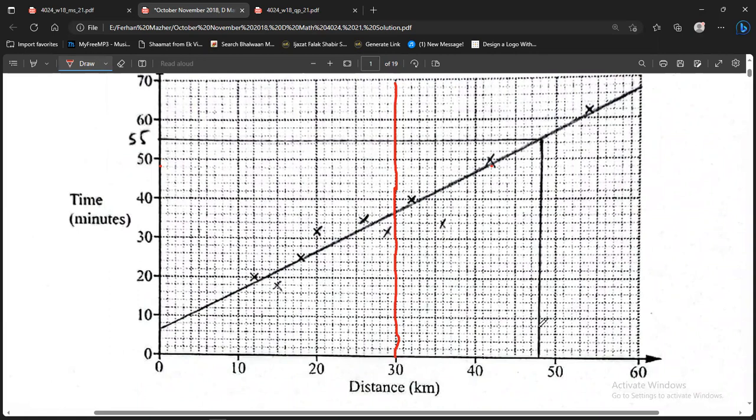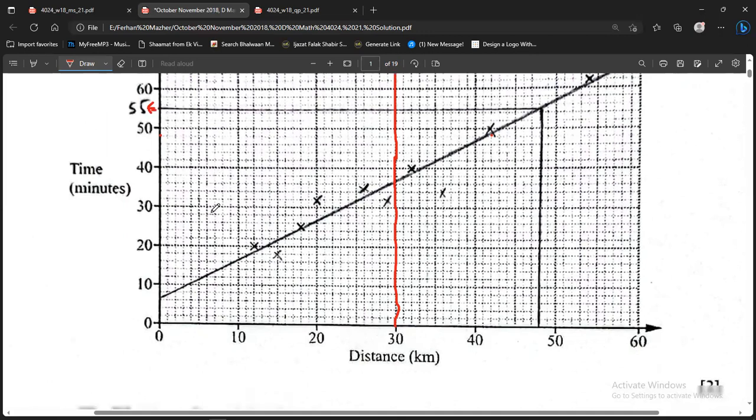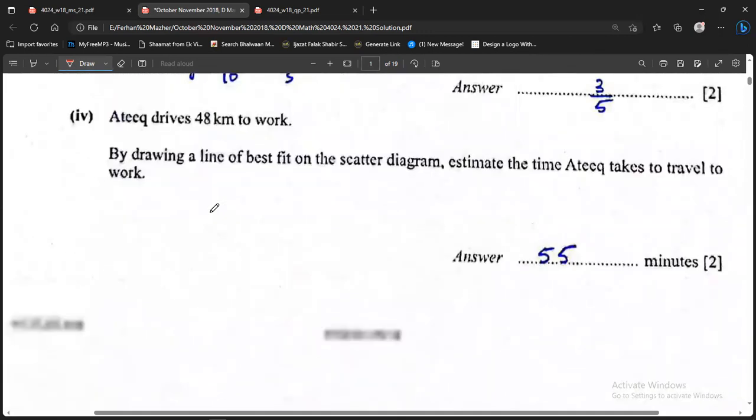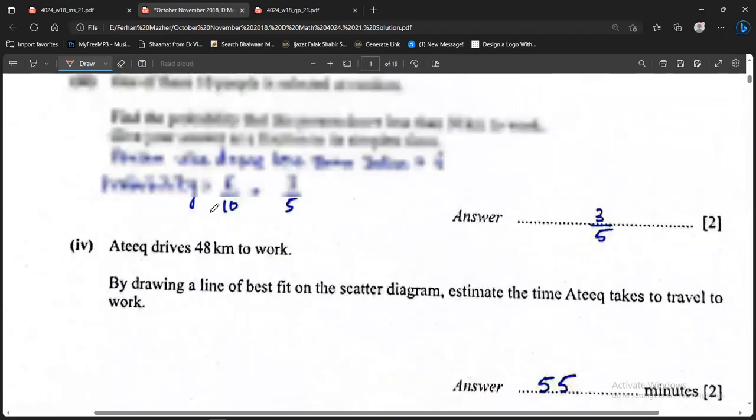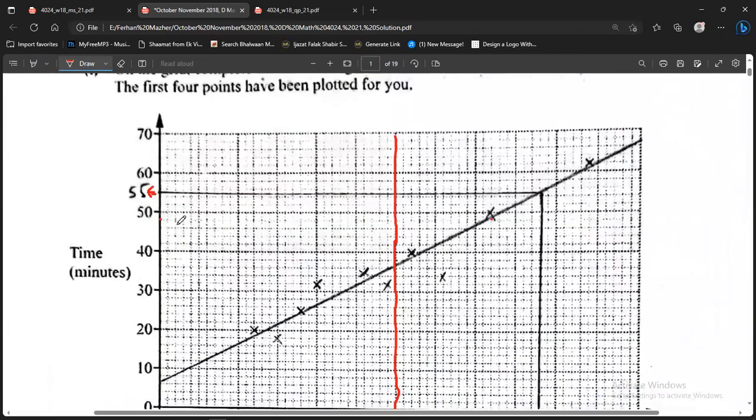This is 48 kilometers. From here, go to the line of best fit. Then check how much this answer is. This is 55. So 55 is the answer. When I was describing, I just made a mistake.